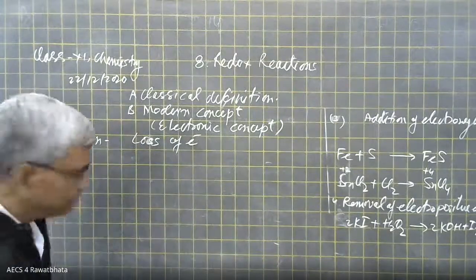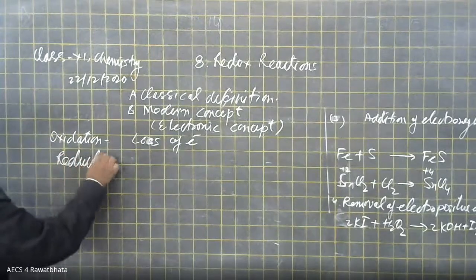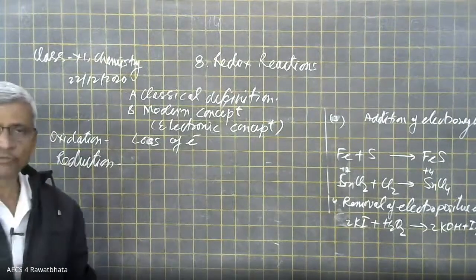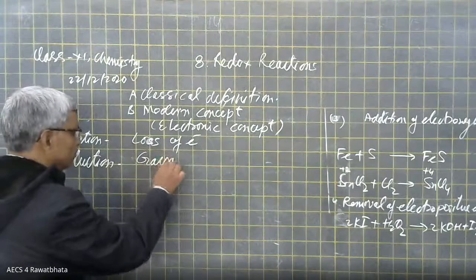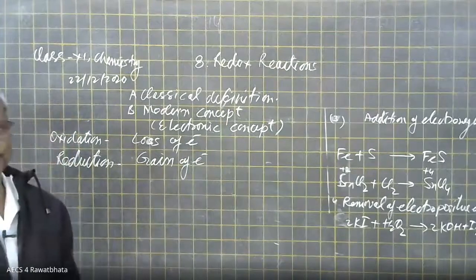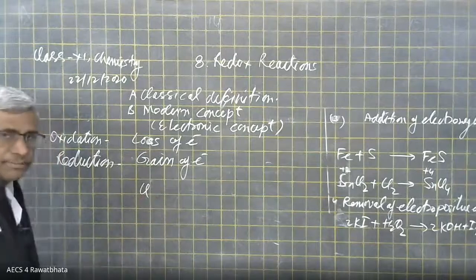And the reduction process is just opposite to that. Gain of electron is reduction. Gain of electron is the reduction process. And the example is Cl, the chlorine atom.